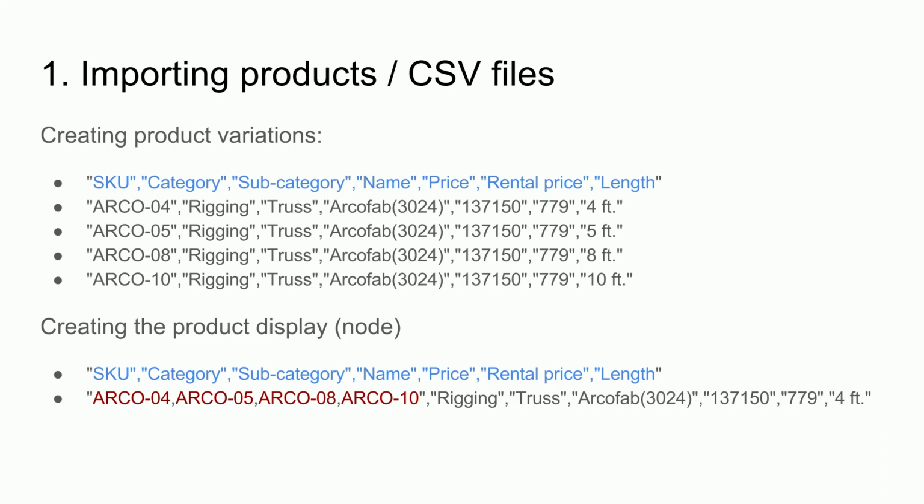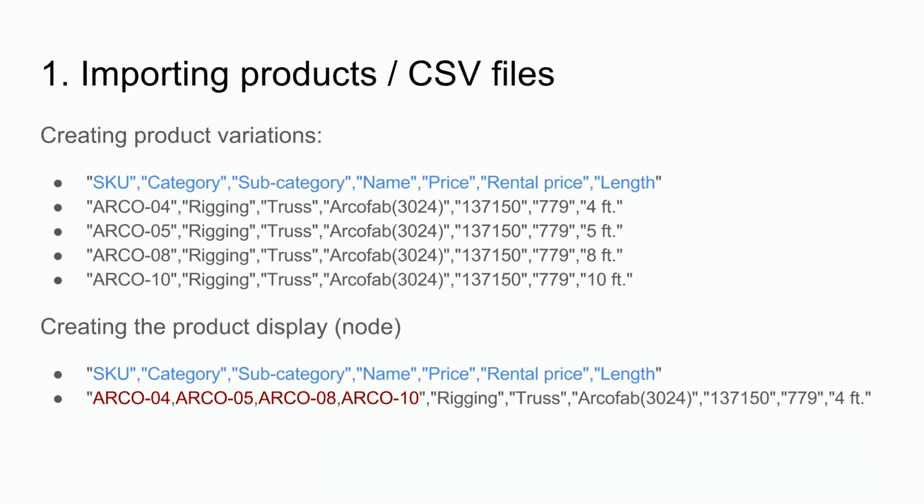So the category, the subcategory, the name, the price. Where's the price? Here, I think. See, $7.79. So these are the products that I'm creating with the feeds importer on the first run, and then I need a separate file after that where, with one line here, I'm going to create this product, ARCO Fab 3024, with all these products.